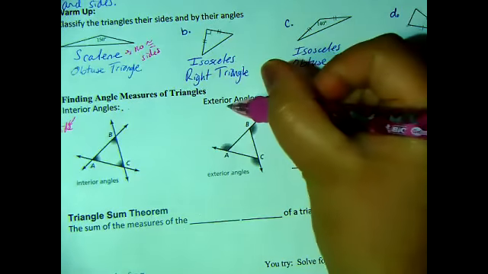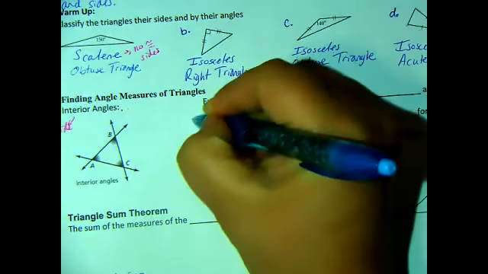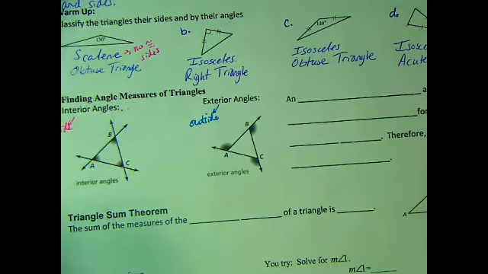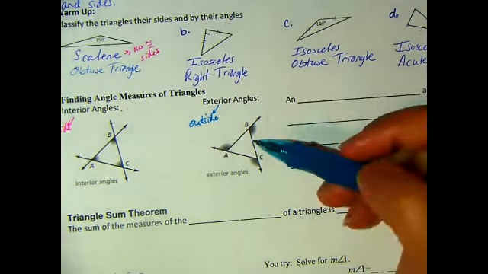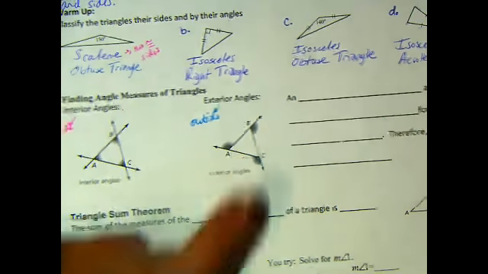Then we have our exterior angles, okay? Exterior angles, as you might remember, mean outside. But you're like, outside of what, Miss K? Well, outside the triangle, okay? So notice that if you take a triangle, and I'm going to show you guys how we got this, okay?